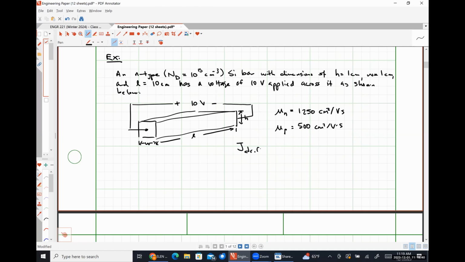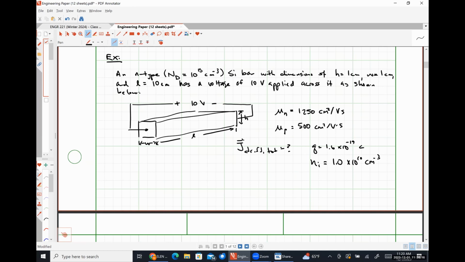So J drift total will be equal to what? We're going to use Q equal to 1.6 times 10 to the minus 19. So we're going to introduce a little bit of error by using a simplified version. And our intrinsic concentration for silicon will be 1.0 times 10 to the 10 per cubic centimeter. So we're effectively assuming we're somewhere in the ballpark of room temperature for this system.